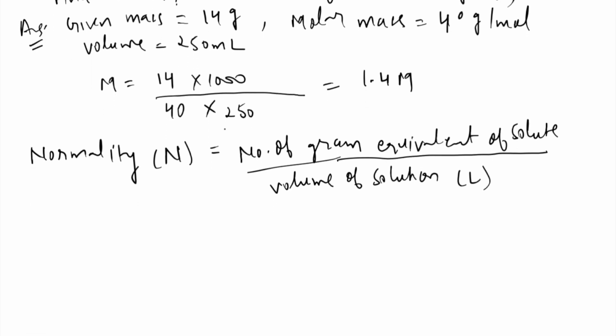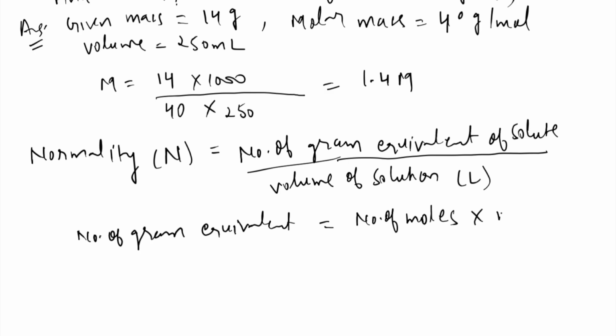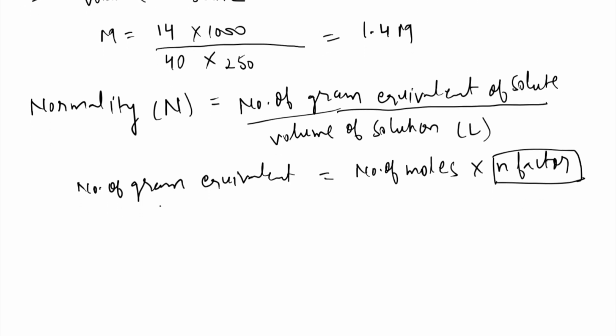Now what is number of gram equivalent of the solute? There is a relation between the number of moles and the gram equivalent, which is given by: number of gram equivalent is given by number of moles multiplied by n factor. What is this n factor? I'll explain it now. But before that, from where does this n factor come into this picture?